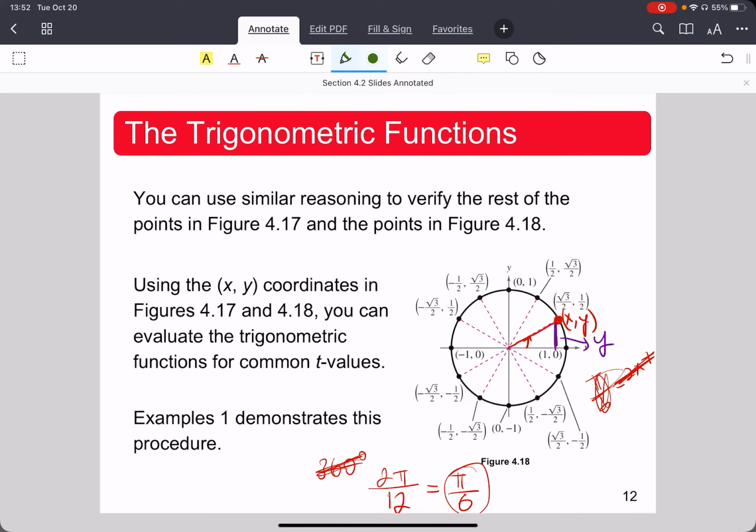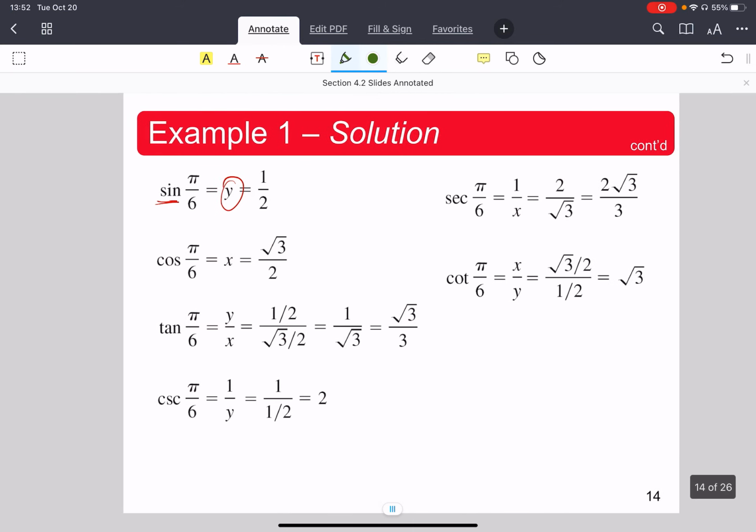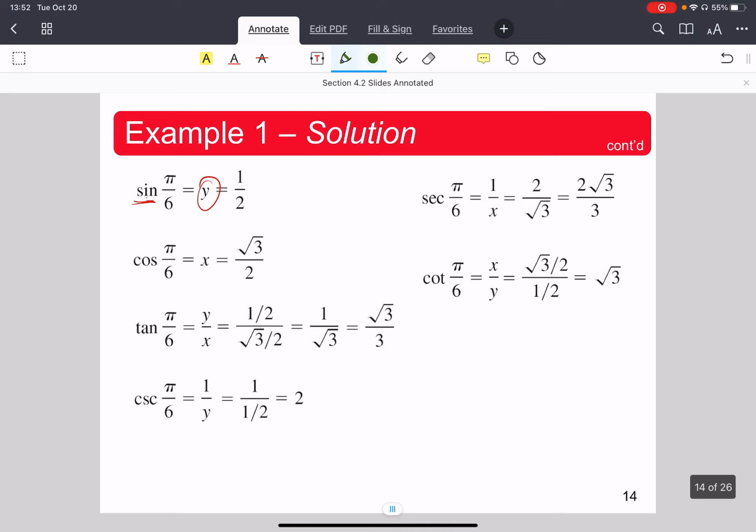And let me use green for x. So let's take a look at what y is in this case. y is 1 over 2. x is square root of 3 over 2. So when we compute sine, we're just going to take a look at y, because sine only requires y. y in that case is 1 over 2. So that's why sine of pi over 6 must be 1 over 2.